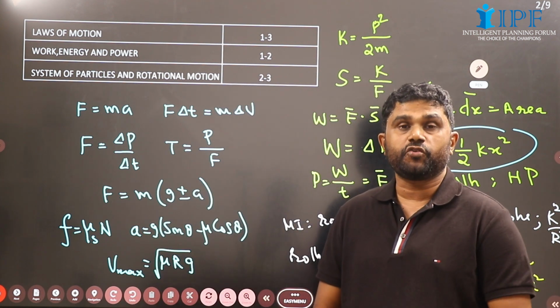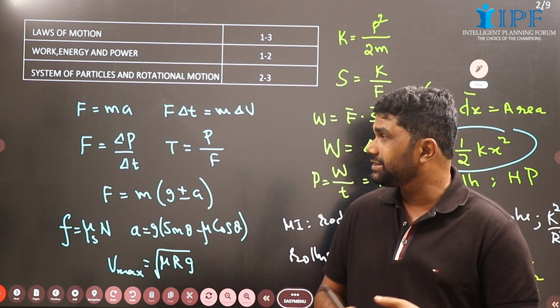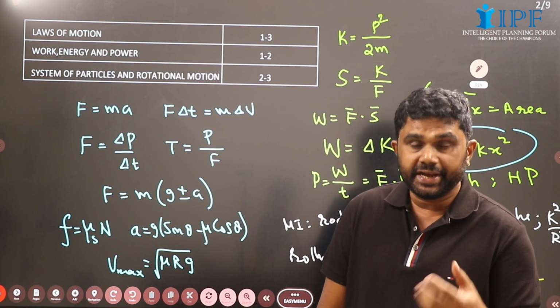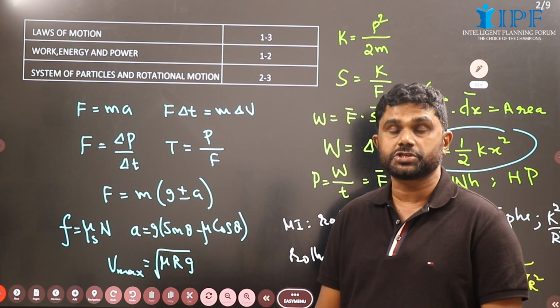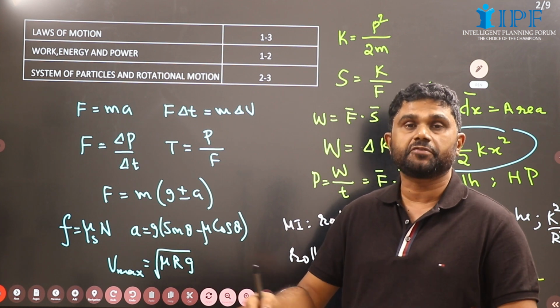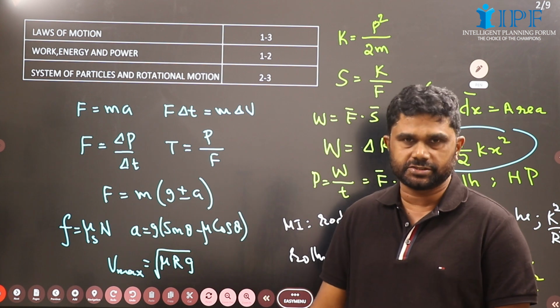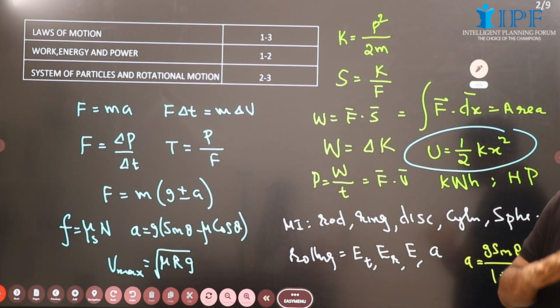Next, what you should know other than the center of mass from the system of particles and rotational motion is the moment of inertia. It's analogous to mass in linear mechanics. You should know the moment of inertia of some regular bodies.